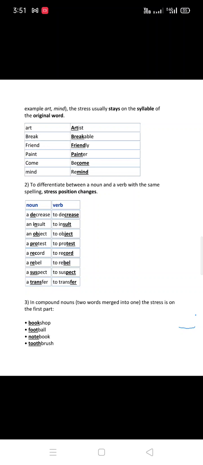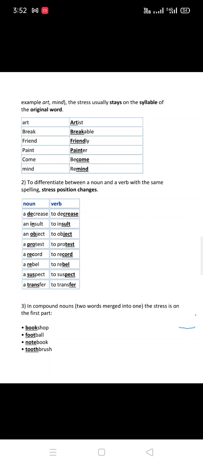So whenever you are going to pronounce a noun, you have to give emphasis on the first syllable, like decrease, decrease, or decrease, right? Insult or insult, object or object, protest, protest. Okay.